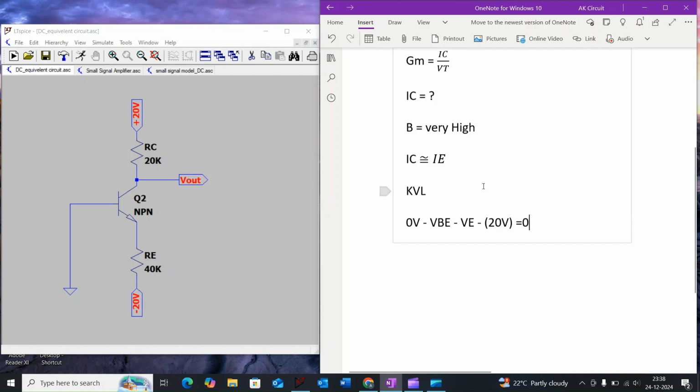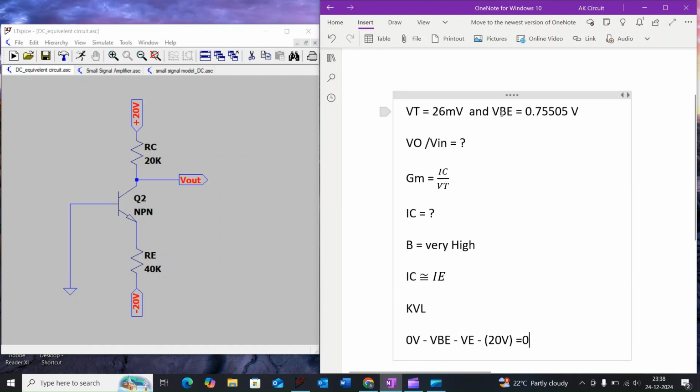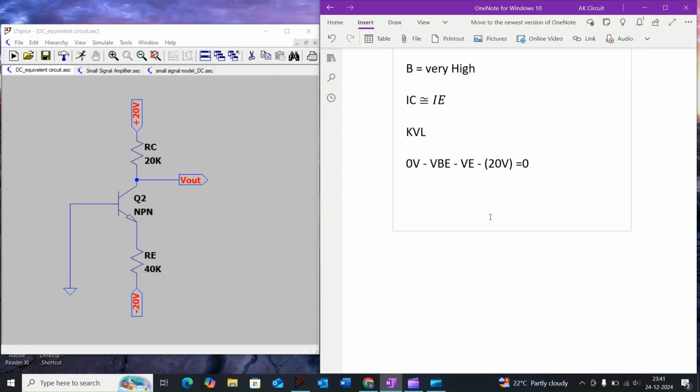And already we know that the base to emitter voltage is 0.75505 volt. That emitter voltage VE is equal to 20 volt minus 0.75505 volt. And we are also aware that emitter voltage VE is equal to the emitter current IE times the emitter resistance RE.